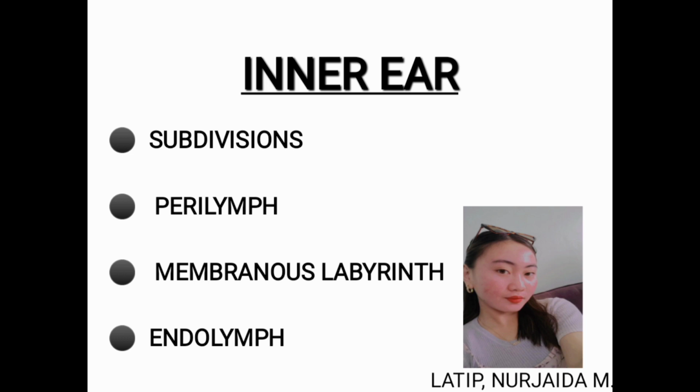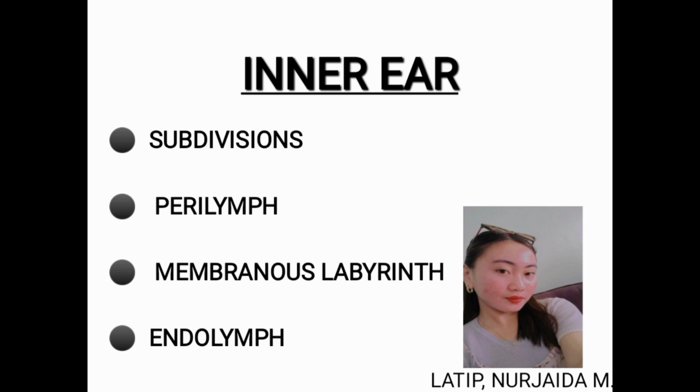One, the subdivisions. There are three subdivisions of the bony labyrinth, including the spiraling, pea-sized cochlea. Two is perilymph. The bony labyrinth is filled with a plasma-like fluid called perilymph. Three is membranous labyrinth.